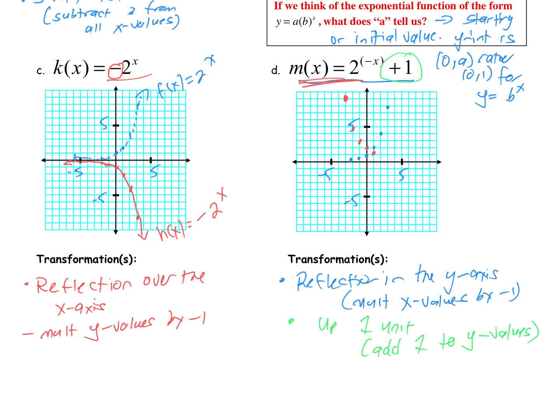And the last point that we have is (-2, 1/4). That'll become (2, 1/4), and then up 1. So it'll be (2, 5/4). And then I'm going to connect these with a nice smooth curve. So we're going to have something like this.